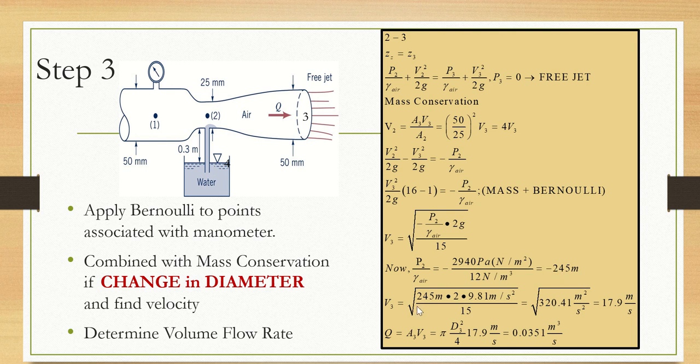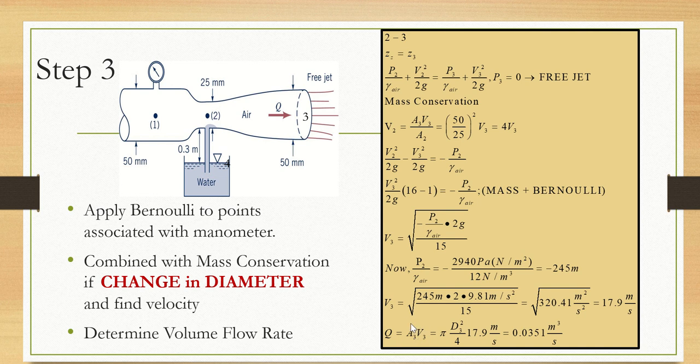And so therefore V3 then is the square root of plus 245 times 2G divided by 15, which is plus 17.9 meters per second. And since I know my velocity, I can find my volume flow rate, which is A3V3.